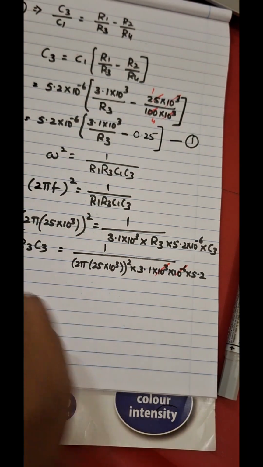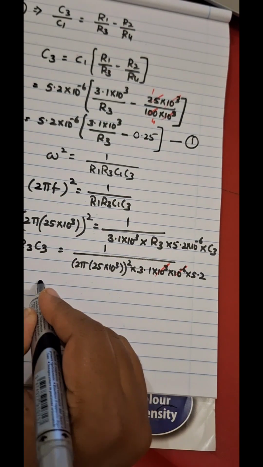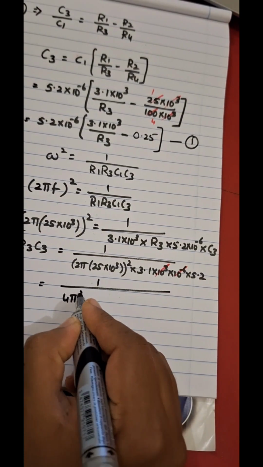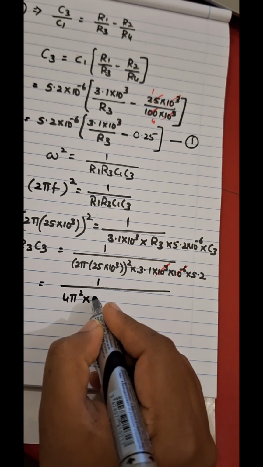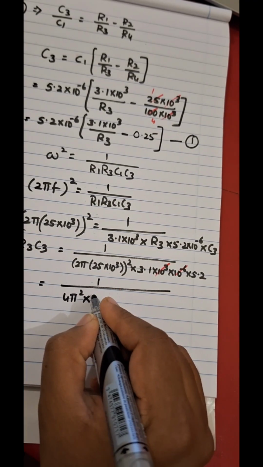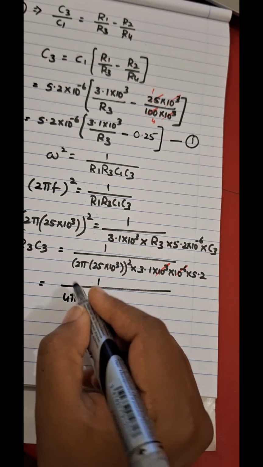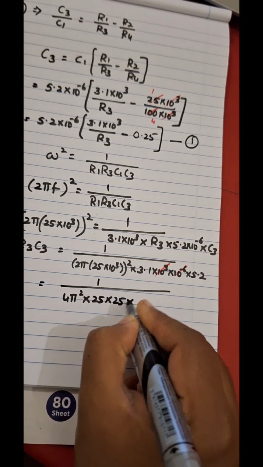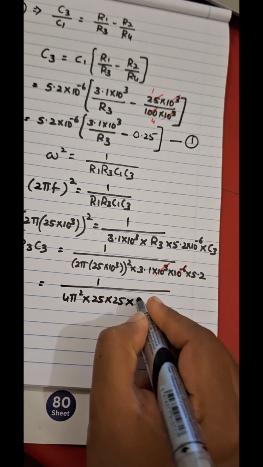Okay. So this is equals to 1 by 2, means 4 pi square into 25 into 25, right? So 25 into 25, I think 625 something. Let me not confuse you. So 25 into 25 into 10 power 3 means 10 power 6.